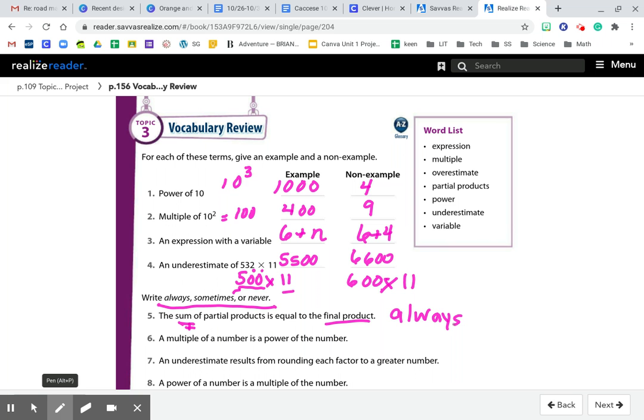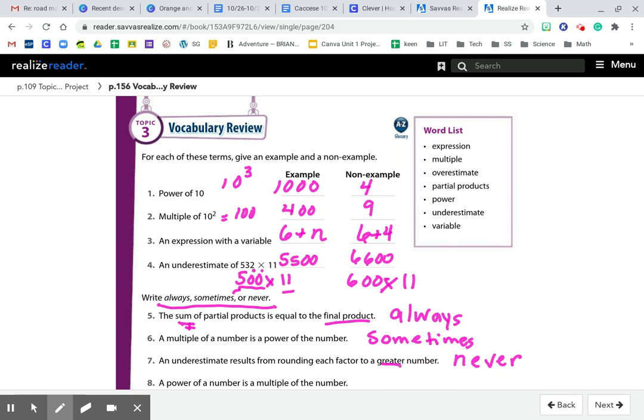A multiple of a number is the power of the number. Well, sometimes that works, not always. An underestimate results from rounding each factor to a greater number. No, never. It would be a lesser number.